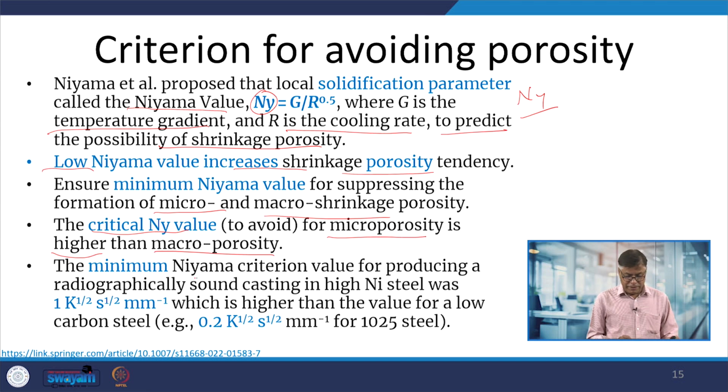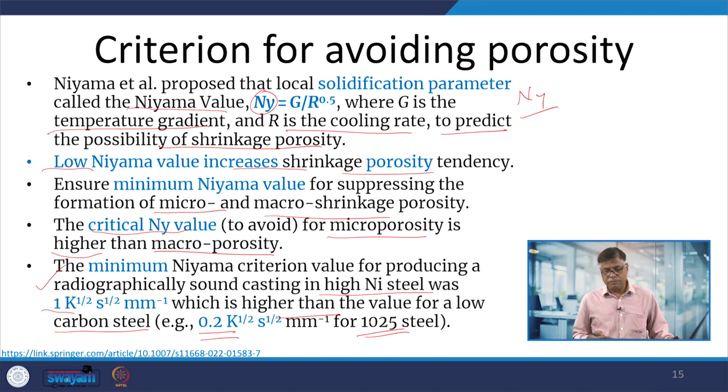The minimum Niyama criterion value for producing radiographically sound casting in the high nickel steel was around 1 (square root of K times square root of second per mm), which is much higher than that for carbon steel, where it is just 0.8 for 1025 carbon steel.